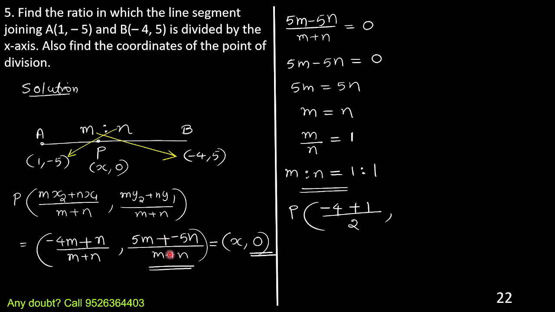The y coordinate, I know that it is 0, understood? The second one is actually 0. So the coordinates of P will be (minus 3 by 2, 0). This is the answer.